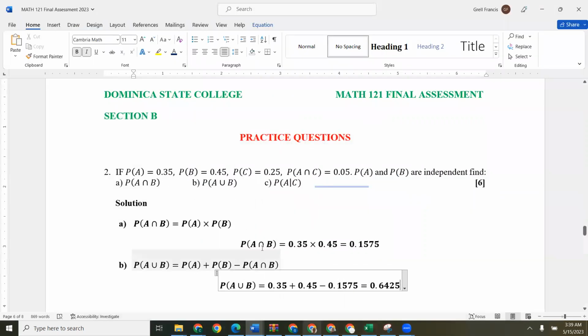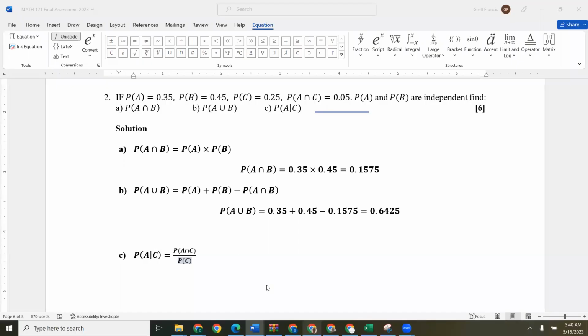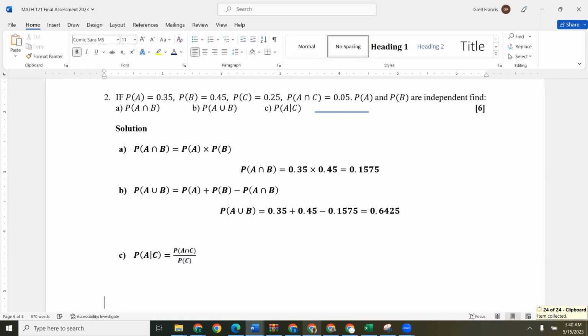So in our example, C will be in the denominator, and the intersection of A and C will go in the numerator. As you can see, P of A given C is P of A intersect C over P of C. C is the condition. Now it's just a matter of substituting into the formula.